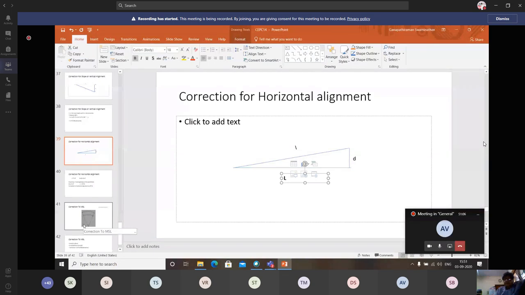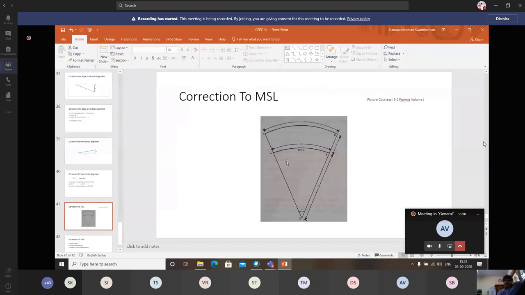Normally all our values are reported at mean sea level. What is the mean sea level? Mean sea level is the one which has been measured at mean sea level.